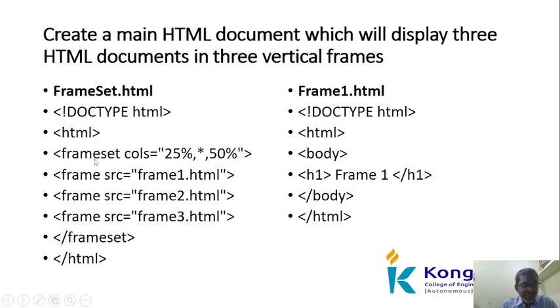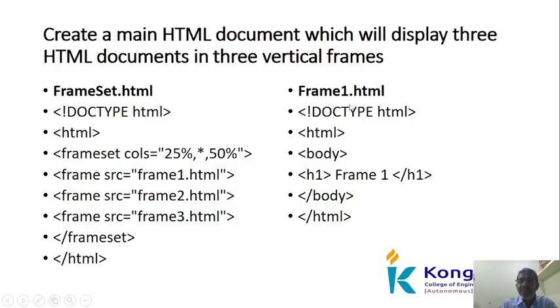In the frameset tag, I set the column size as 25% and 55%, and inside the frameset I'm going to give three HTML files: frame one, frame two, and frame three. We can see what is present in each of them. The frameset has been closed here. So this is the main part of the program.